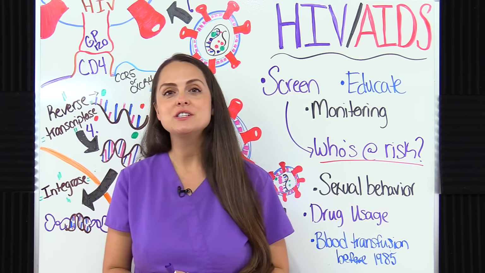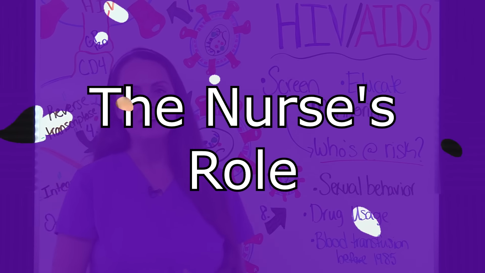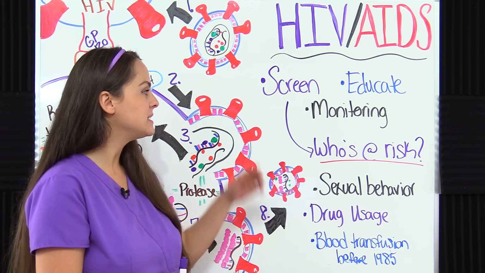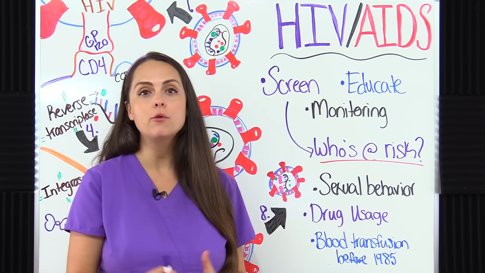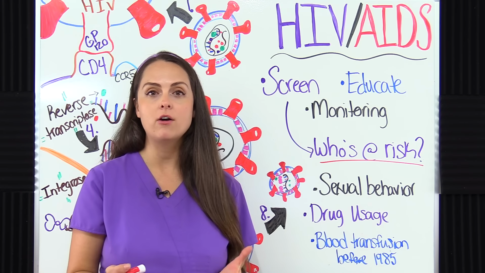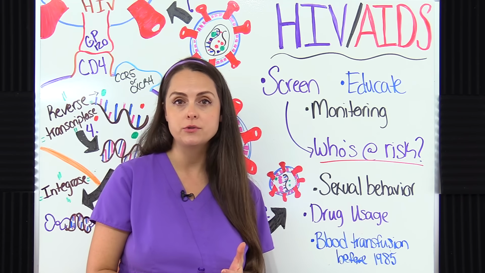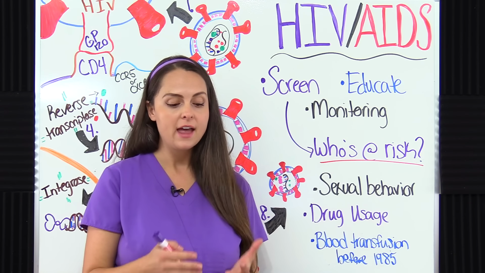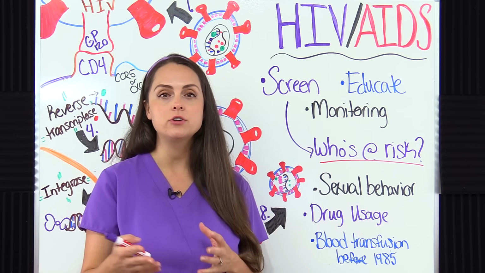Now let's talk about the nurse's role and treatment for HIV. As a nurse, we play a huge role with screening patients, identifying who is at risk for HIV, because if we can help the patient identify if they are at risk, we can get them treatment sooner with ARTs, which can help improve their life, and we can help prevent transmission.